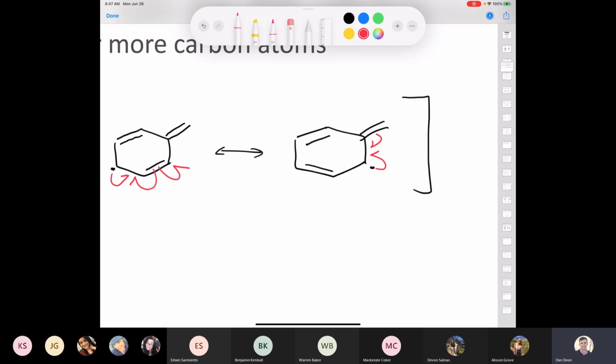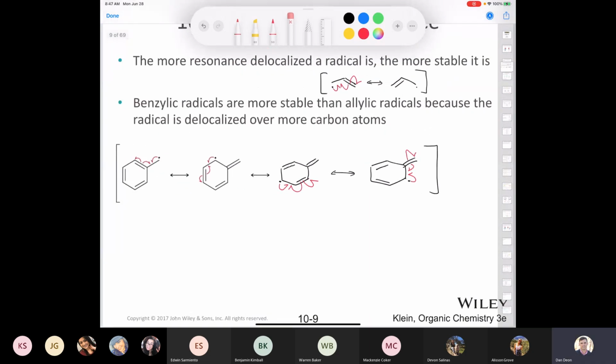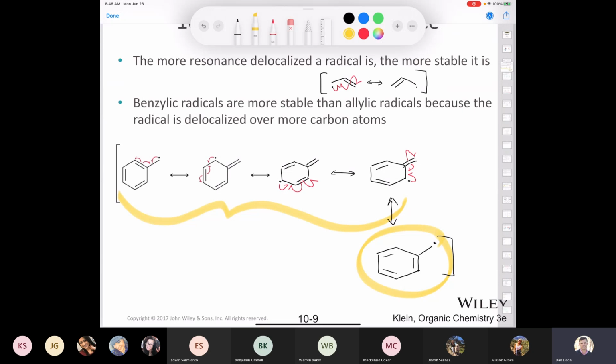Maybe there we go. And there we go like this. And I'm going to remove this square bracket because this is part of all the resonance contributors I'm drawing. And we go right back to the beginning. We have our aromatic ring like this. And there you go. That's it. So again, these 4 are the resonance contributors. This is just taking me back to the beginning.